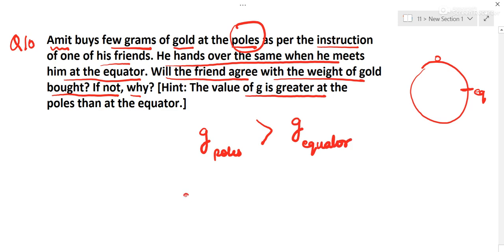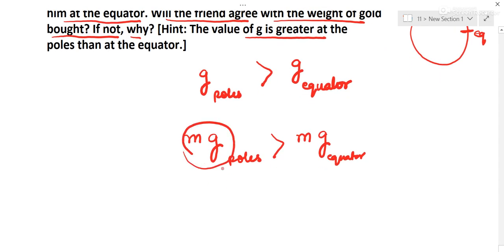We will multiply with m on both sides. So, what is mg at poles? Weight at poles will be greater than weight at equator.